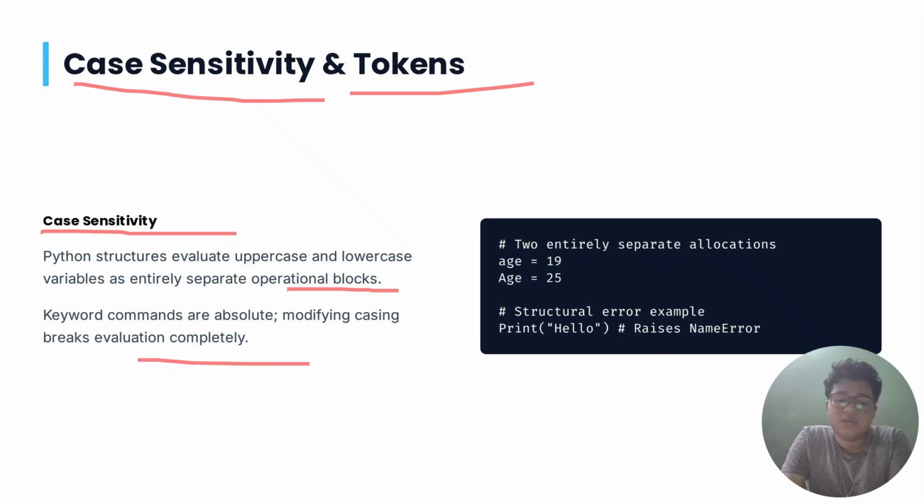Here is an example, you can look at it. The age is 19, capital Age is 25. These two become different variables only because of capital A and small a. And when we use print with the wrong case, as I said, it will raise a name error.